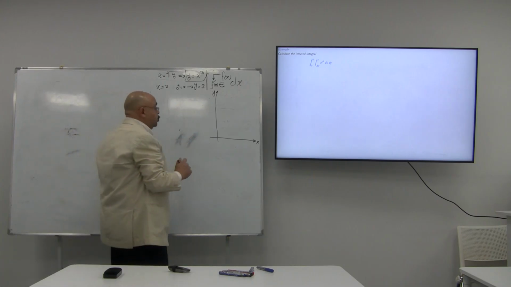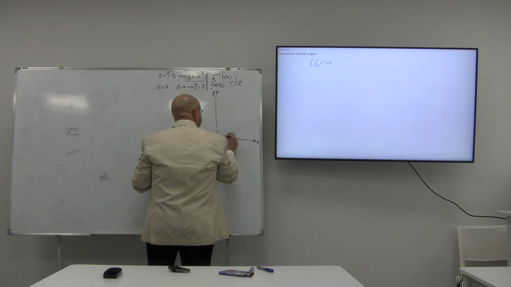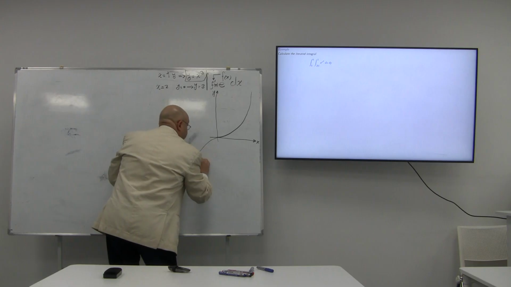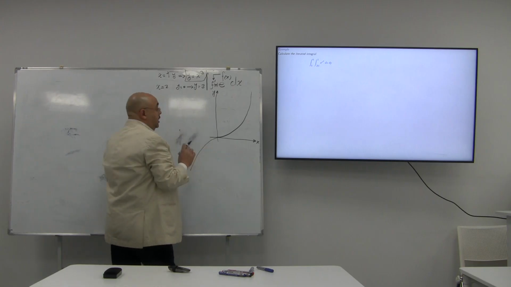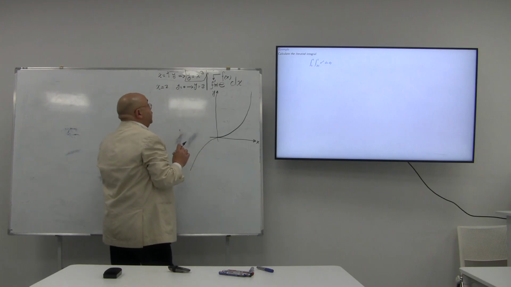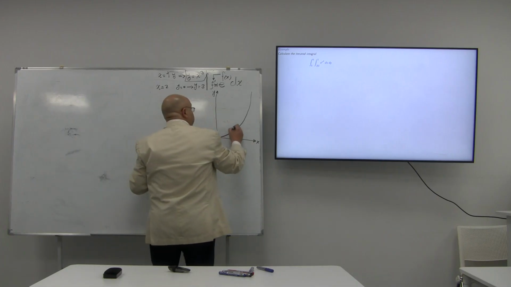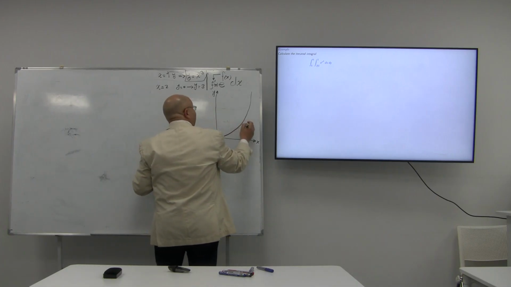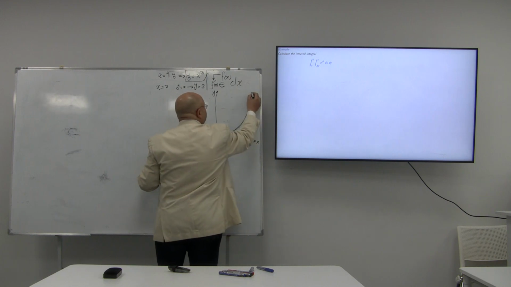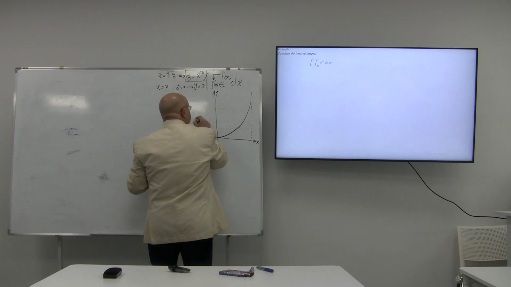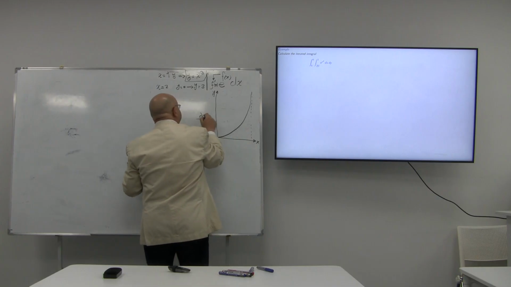So the function is y equal to x cubed, and it goes from here. And he's telling me that the region in the direction of the dx will start from here first, and it will end at x equal to 2. So that's the dx direction.